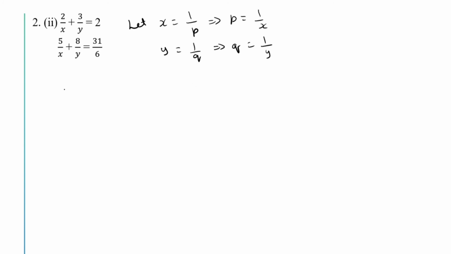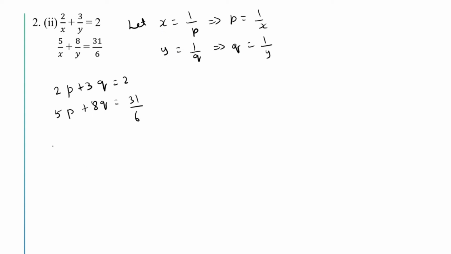We will get 2p plus 3q is equal to 2 and 5p plus 8q is equal to 31 by 6. So from this we can find the value of p and q, and then if we take the reciprocal we will get the value of x and y.